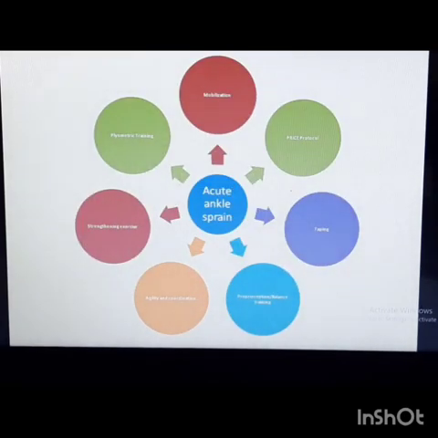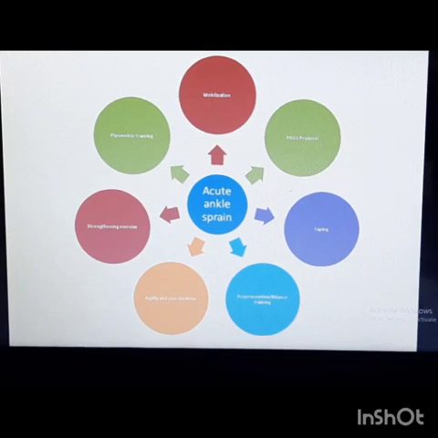So, basic rehabilitation of the ankle includes immediately the PRICE protocol, taping, strengthening, proprioception, mobilization, agility and coordination, and plyometrics. You need to apply all this in a progressive way.